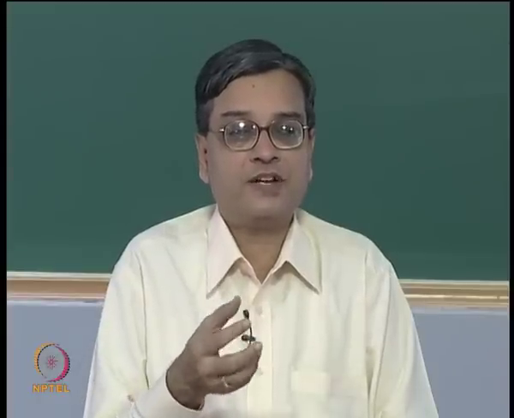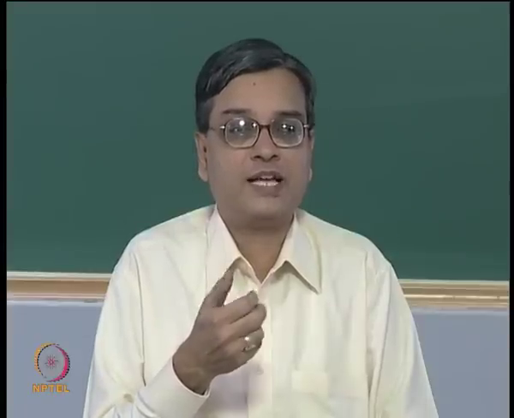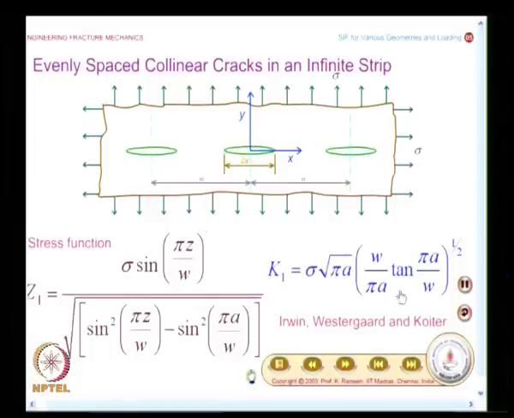It was reported by Westergaard. From the stress function, Irwin extracted the expression for k, and this is known as the tangent formula, because it is in terms of tan(pi a divided by w). And in what way this expression was used, that is what we have to look at.